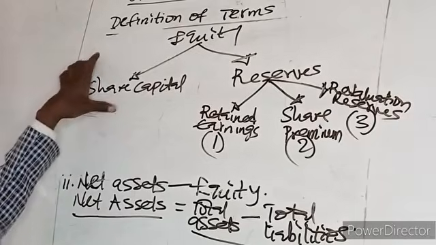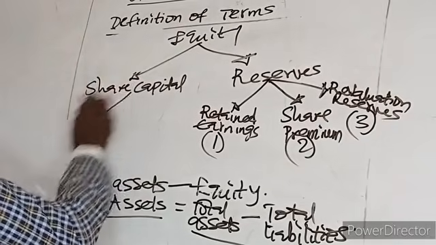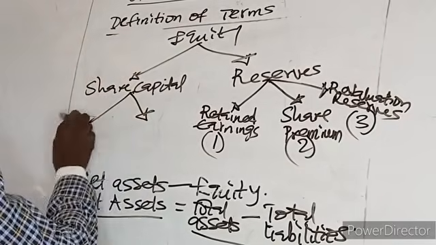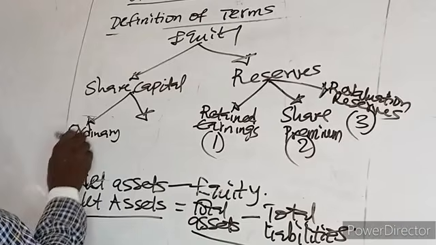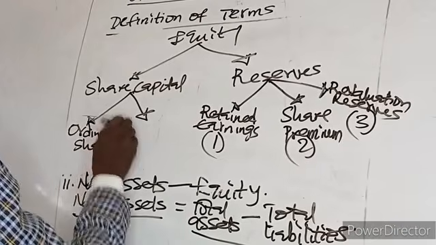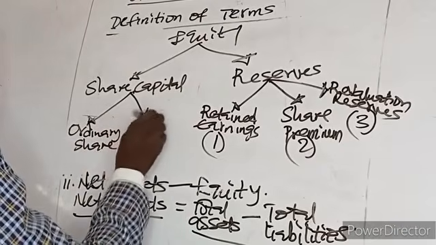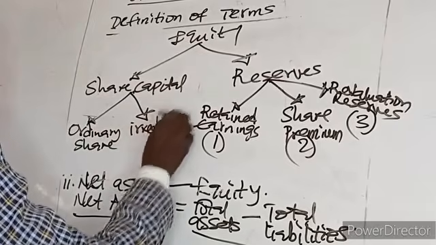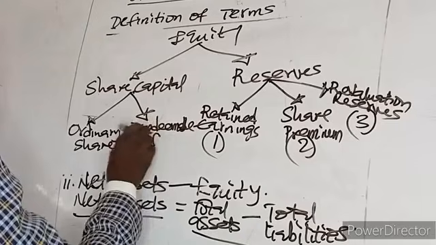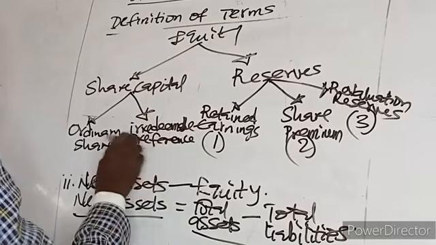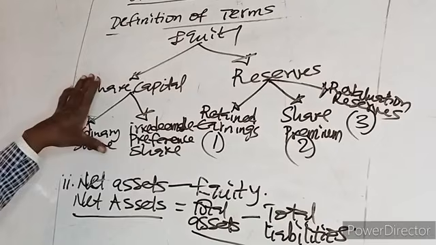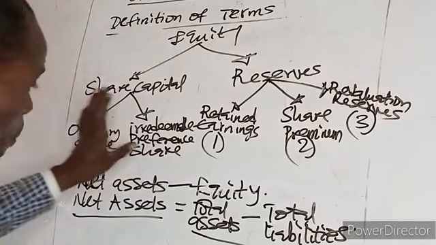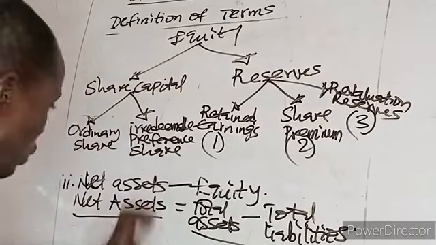Then share capital. We have ordinary shares and irredeemable preference shares. These are the 2 classifications of share capital I've been referring to as a component of equity.